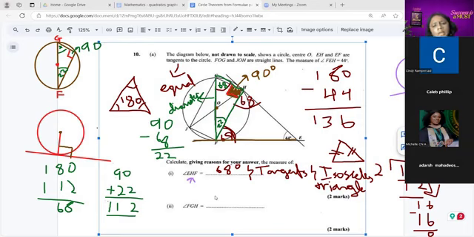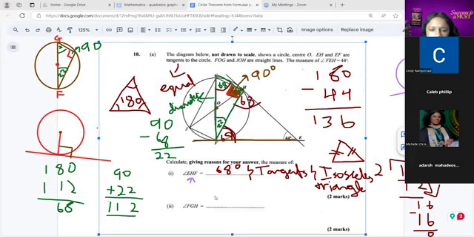Okay, I'm just looking at something here. That angle is 16. I'm just trying to make sense of something. I know those two lines are parallel for sure.